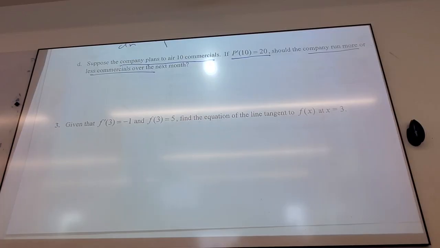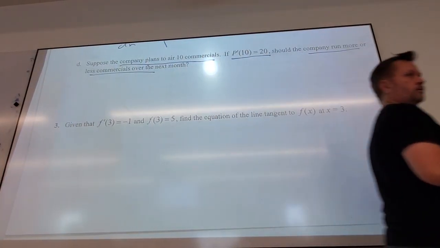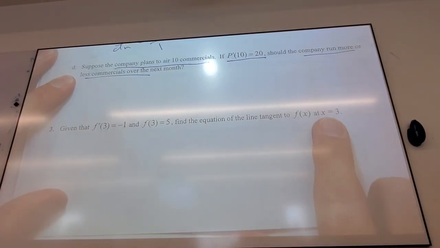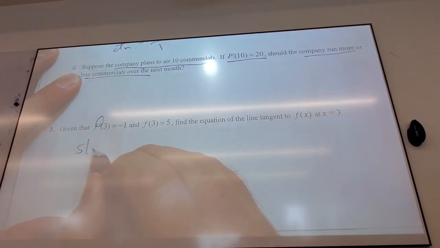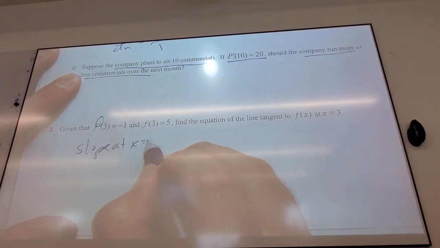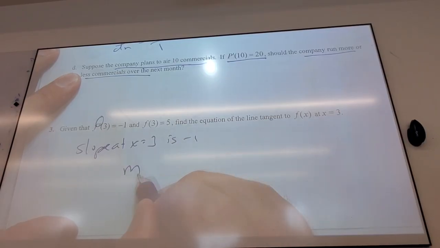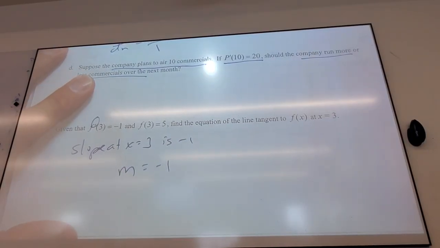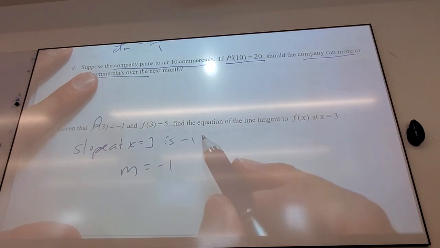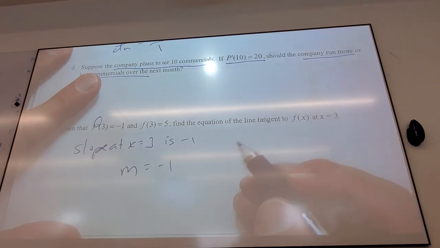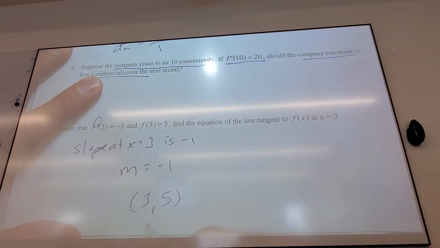The slope at x equals 3 is -1. M equals -1. Did I give you a point? The point is 3, 5. The input is 3, the output is 5.